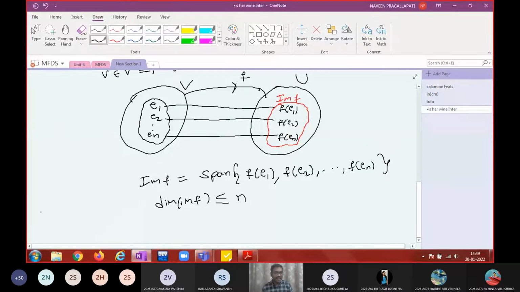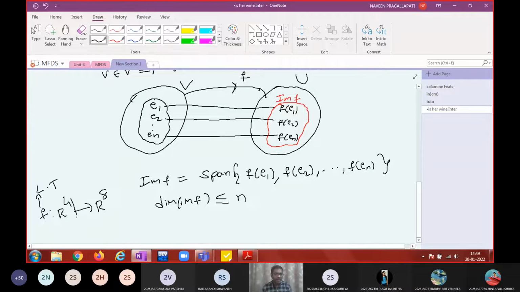Let us say f is a function from R power 4 to R power 8. It is a linear transformation. So what is the dimension of V?